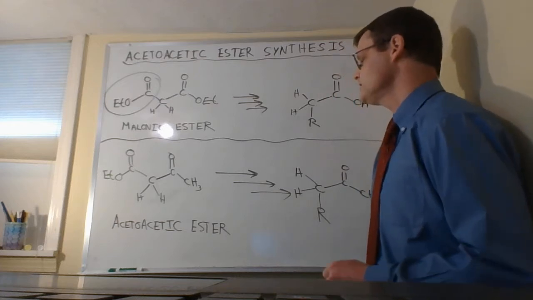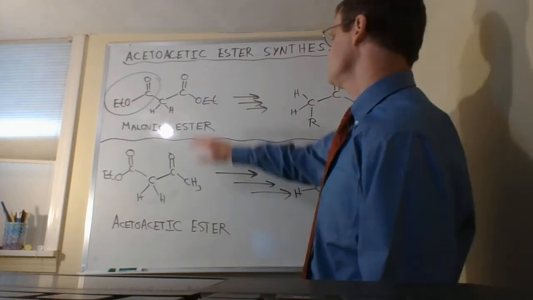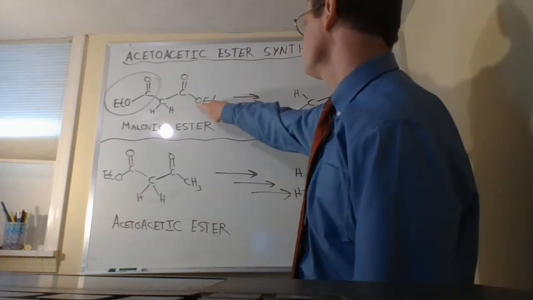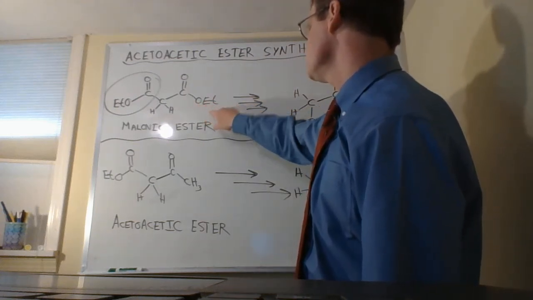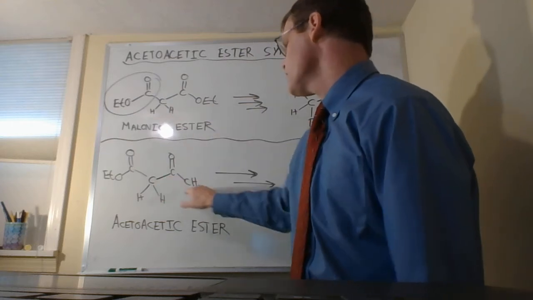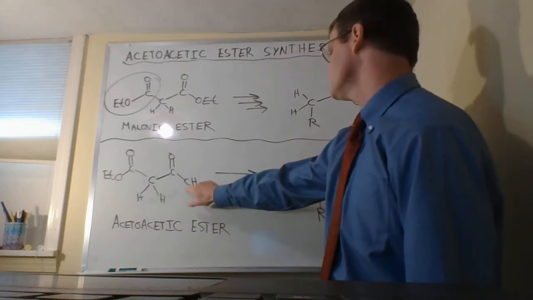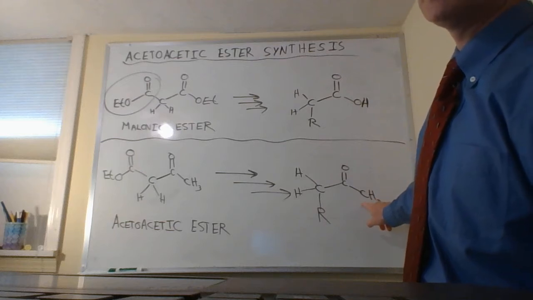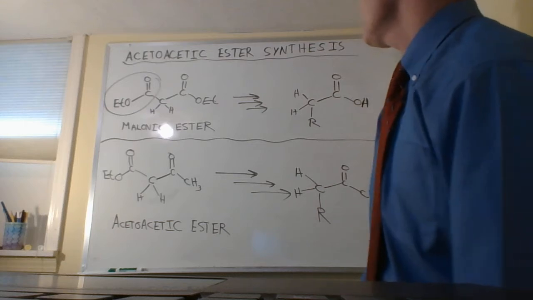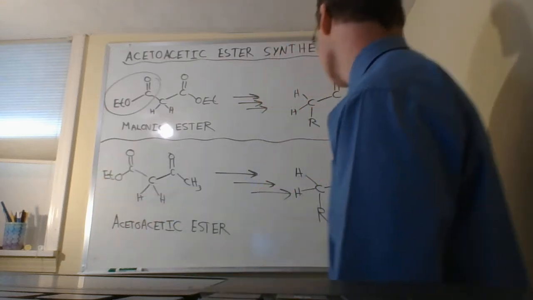Acetoacetic ester synthesis is going to be almost the same, except if you look at what's different between these molecules, we've replaced this OEt group with a methyl group. We've gone from an ethyl ester to a ketone on this side, and so this ketone group is preserved here. We alkylate that center carbon, and on the left this gets hydrolyzed and decarboxylated.